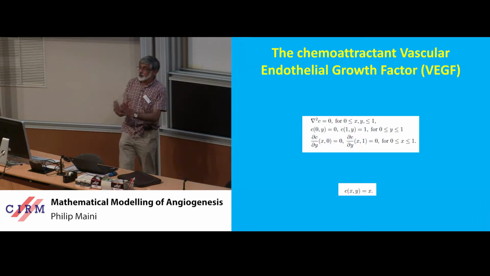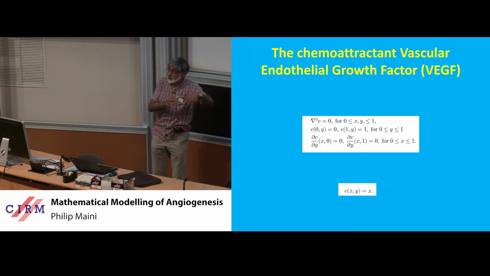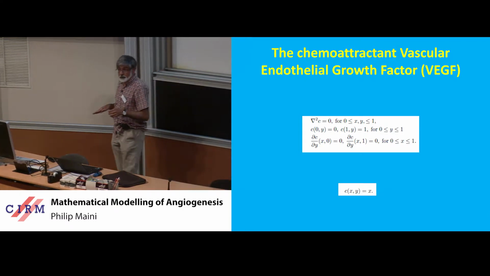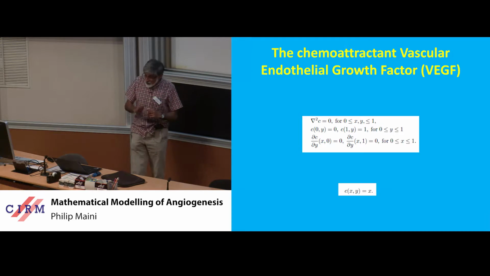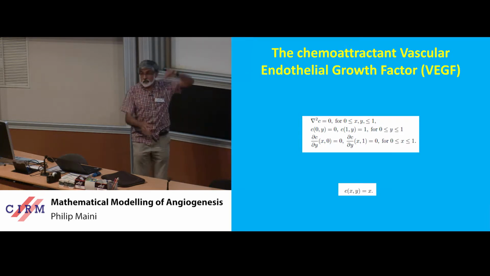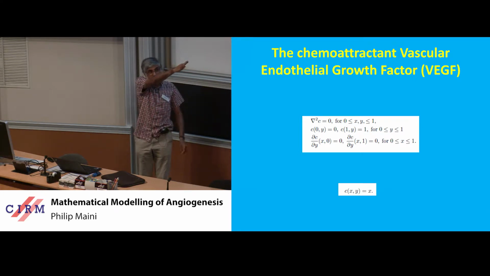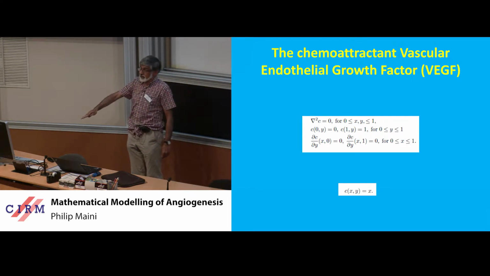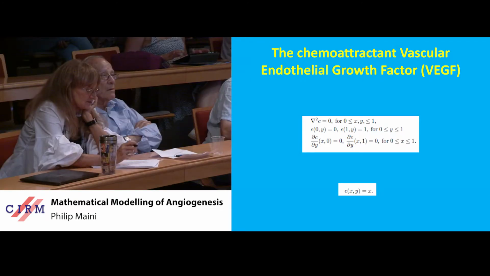Okay? So what we're going to do, since all we want to think about is the movement, we want to make the thing as simple as possible. So we're going to make the assumption that the chemical is, not constant, I mean, is just a linear gradient. And it's a fixed linear gradient, and we're going to have cells moving up that gradient, okay?